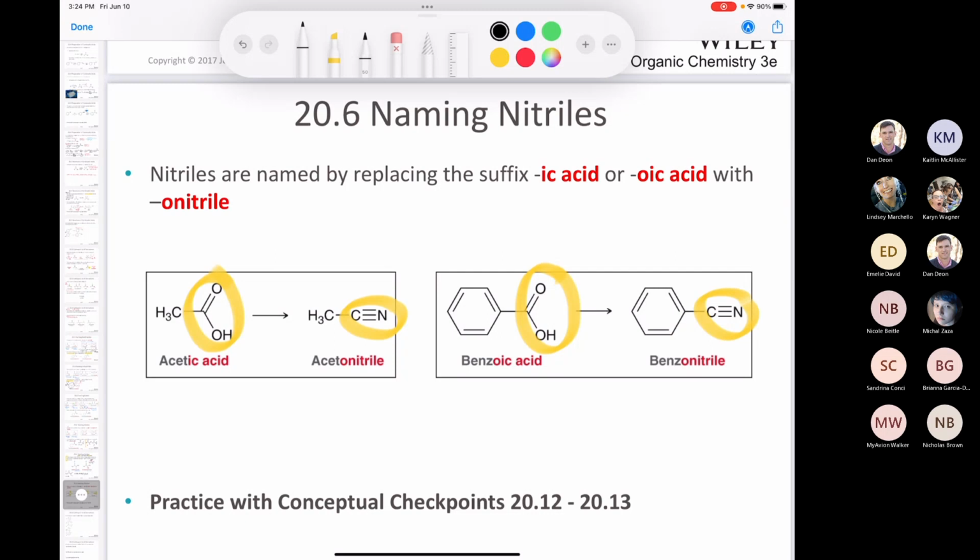If you wanted to give it the IUPAC name, acetic acid is ethanoic acid, so this would be ethanonitrile. And that is it for all of the nomenclature.